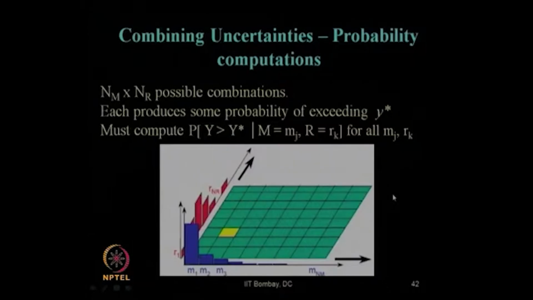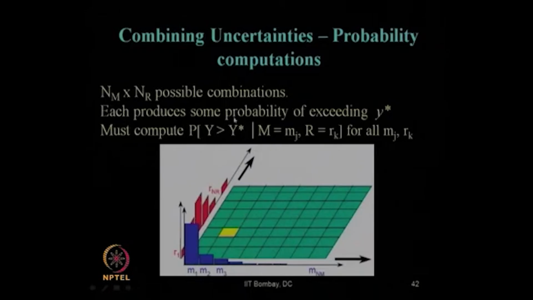Now, how to understand it more easily or in a better fashion? When we are doing the numerical integration, what we have done is divide it into nm segments and nr segments. So, we have to look into that two dimensional box or system where all nm cross nr possible combinations have to be taken care of.